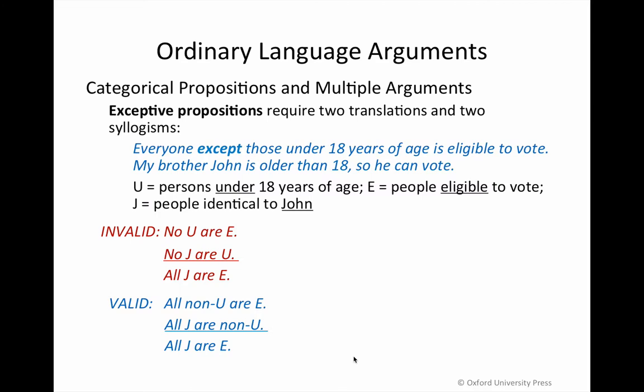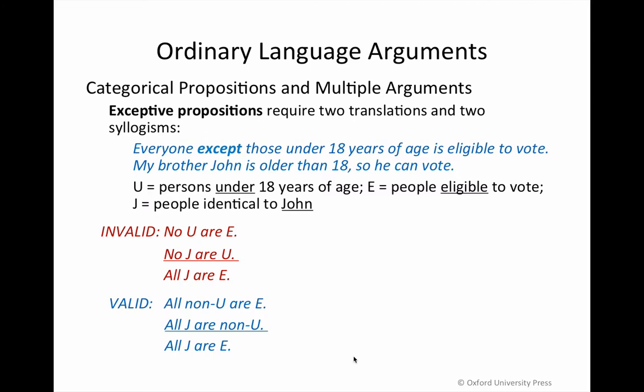Everyone except those under 18 years of age is eligible to vote. That means all people over 18 years of age are eligible to vote, and no people under 18 years of age are eligible to vote.